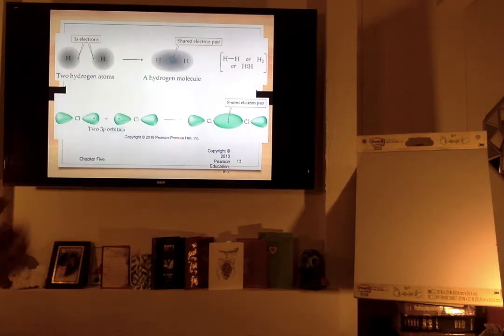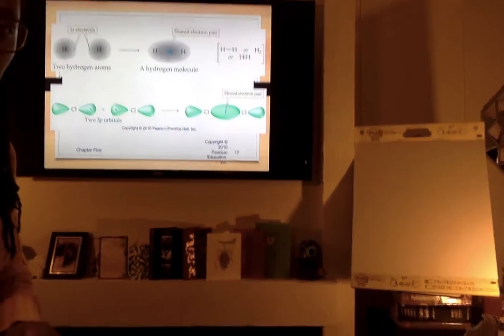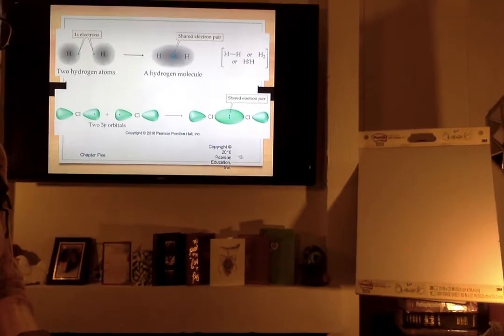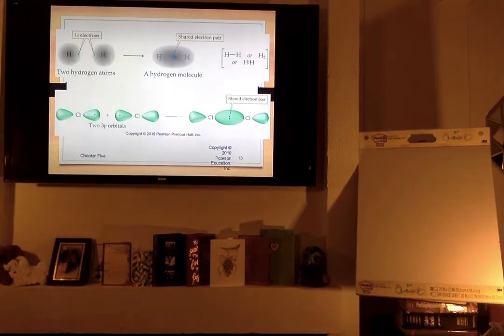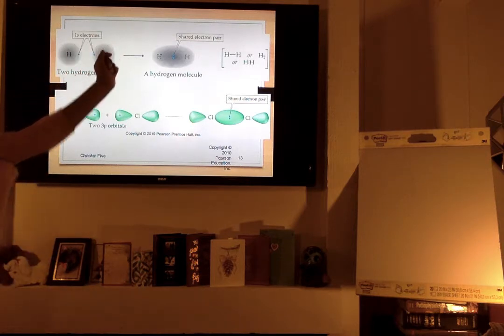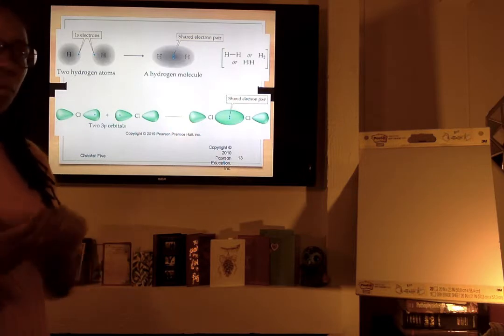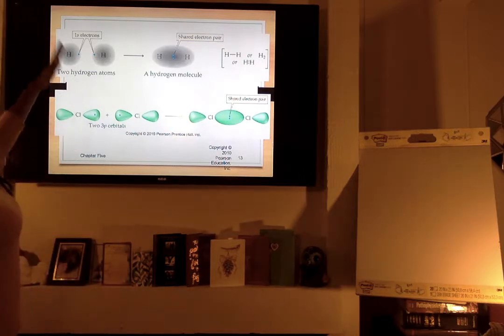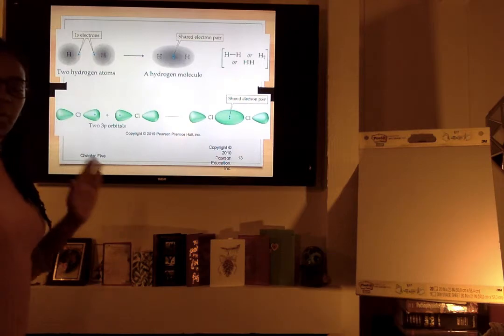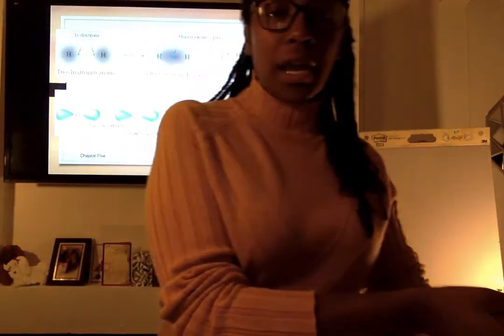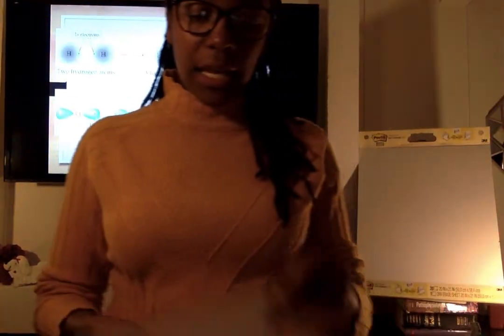In this example that you see on the board, hopefully you guys will be following along while I'm going over this. Here, each hydrogen atom, as you can see, has one electron, right? And remember when we discussed the different valence electrons, we said that you can look at the periodic table and see that you have a certain amount of electrons.